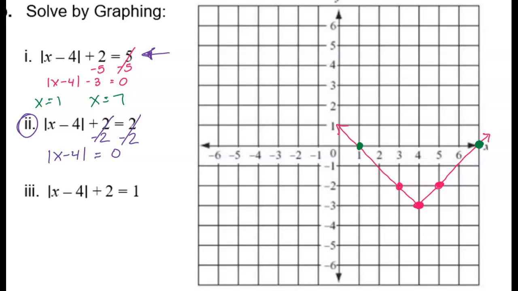So now, has this moved up or down at all? No. Where has it moved? Where should I be graphing this? Aiden, where is this moved? Yes, 4 to the right.